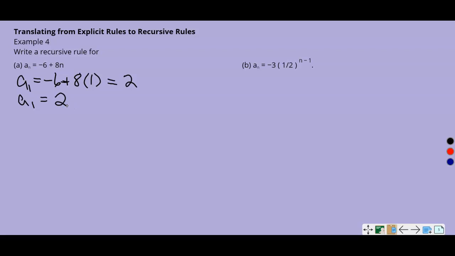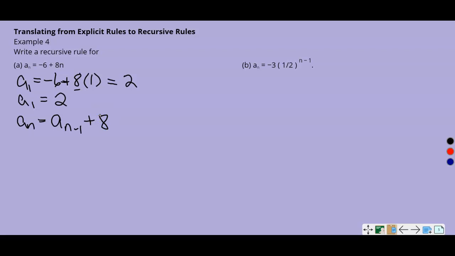Now, take that and we'll use our general formula type that we had before. So we're going to have a sub n equals our previous term plus our common difference, and that was 8. That's given in both formulas, both rules.